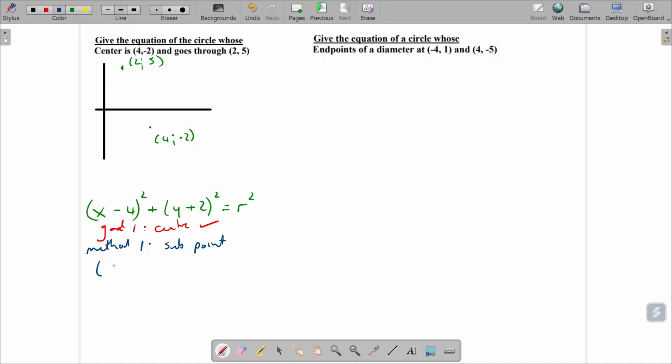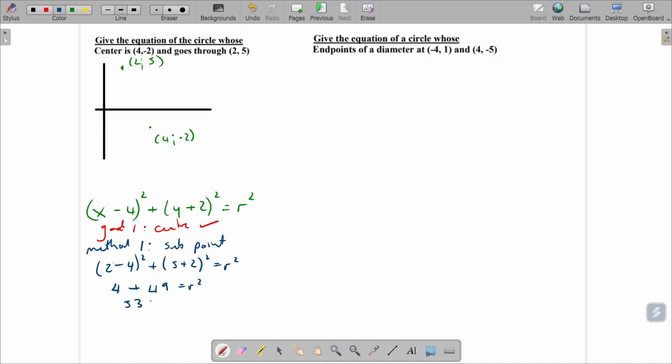So we're going to get (2 - 4)² + (5 + 2)² = r². So I'm going to get 2 - 4 is -2, squared, which is 4, plus 7 squared, which is 49, equals r².